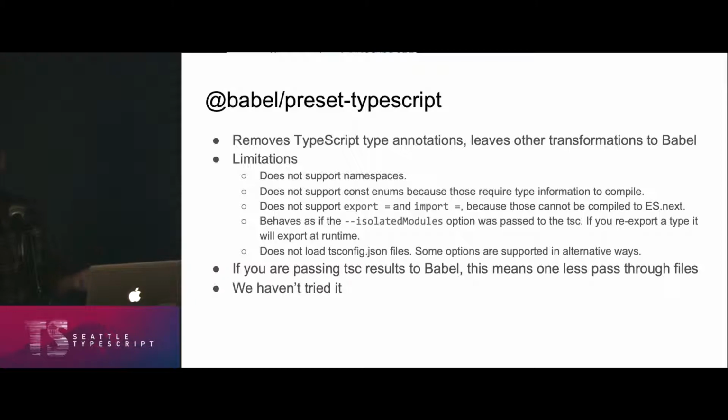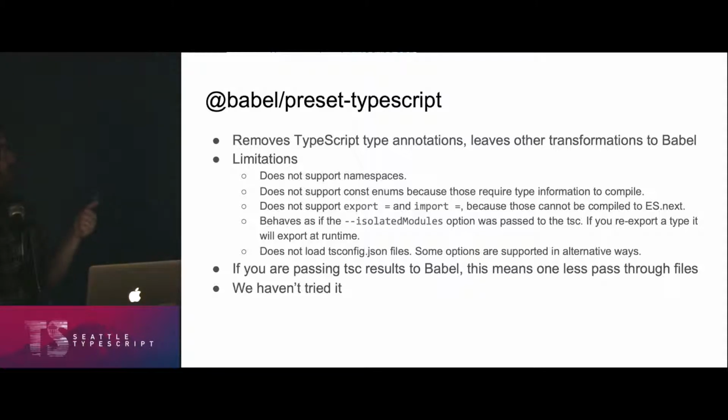So it has some limitations. I'll go through them because these limitations apply to the other tools as well. It doesn't support namespaces if you've used namespaces in TypeScript, which is okay because there are very few reasons to use them nowadays. There are alternatives.